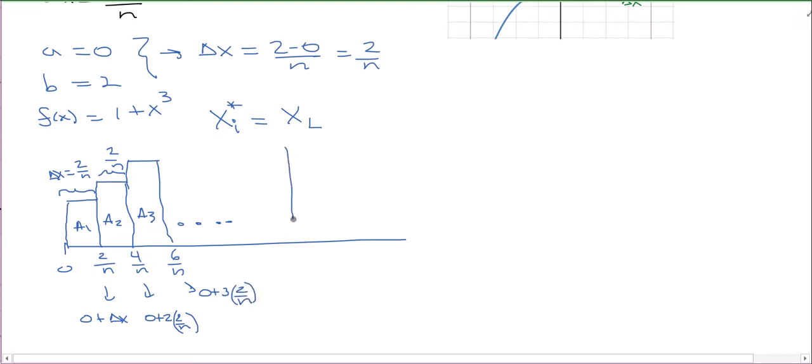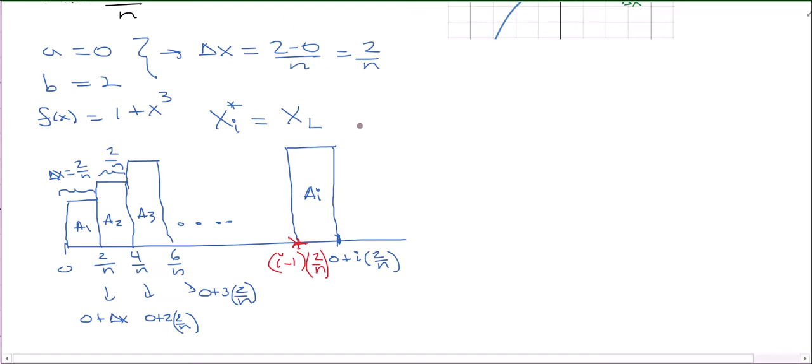So when I get to the ith rectangle, my right endpoint will be 0 plus i times 2 over n. And so my left one, which is the one we're after, is the one before it, so this will be i minus 1 times delta x.